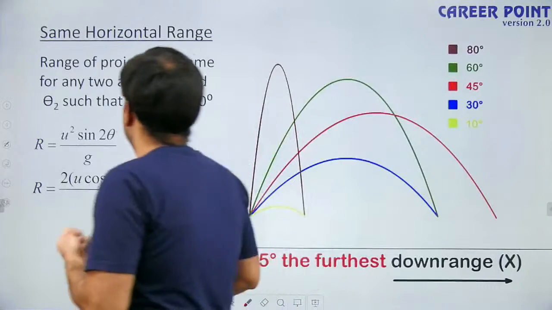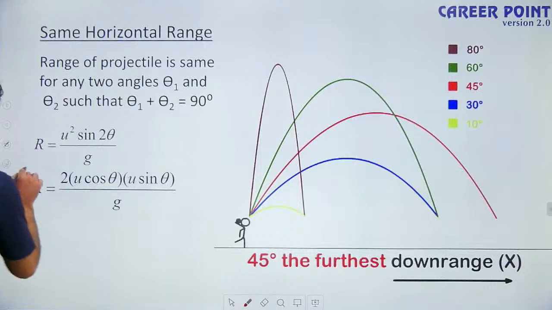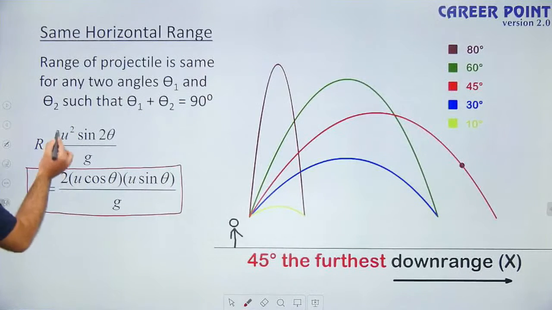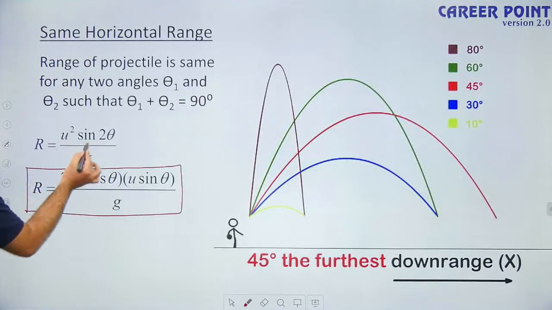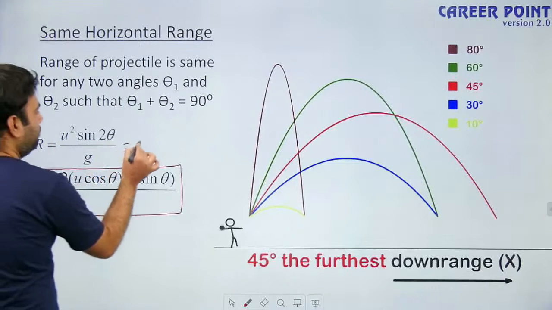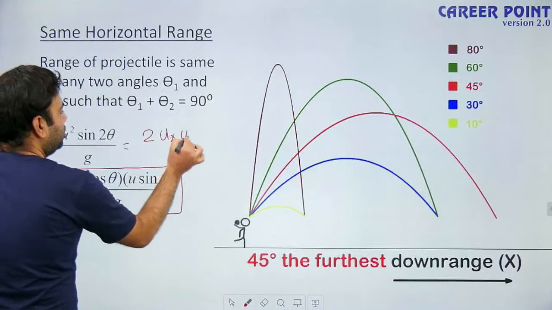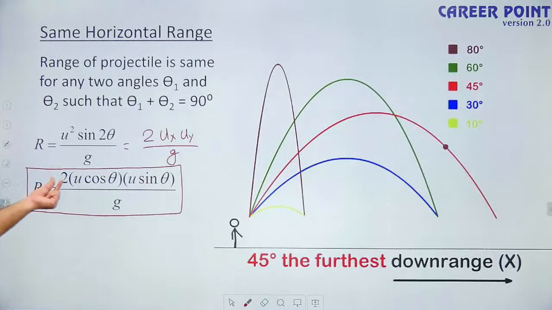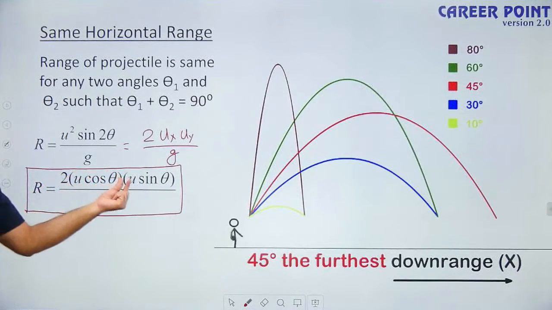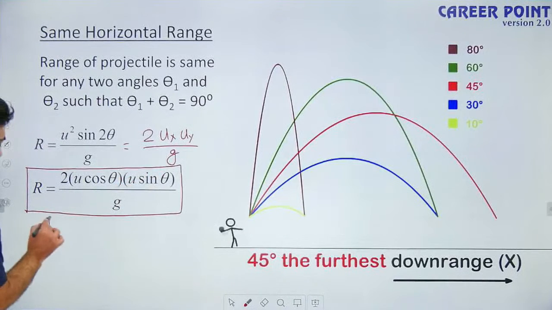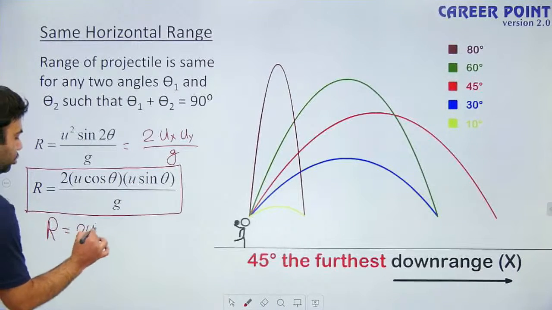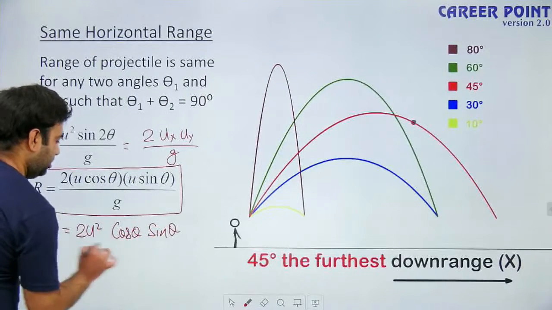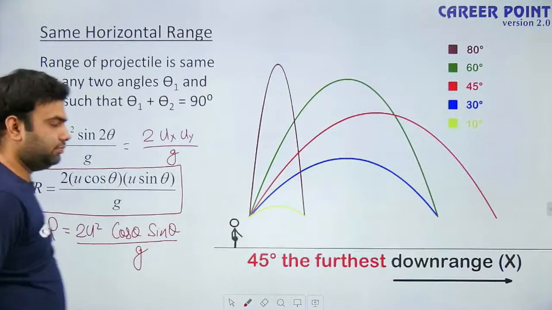And one more thing. See, what is the formula of range? It is u square sine 2 theta by g, or it is also equal to 2 times ux uy divided by g. So we can say range is equal to 2 u cos theta into u sine theta. That means range is equal to 2 u square cos theta sine theta divided by g.